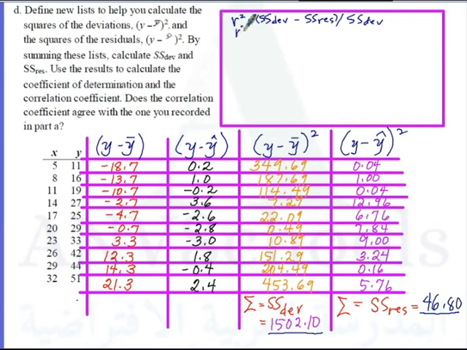So R square is equal to 1502.10 minus 46.80, divided by 1502.10, and this will give us a coefficient of determination which is equal to 0.9688.